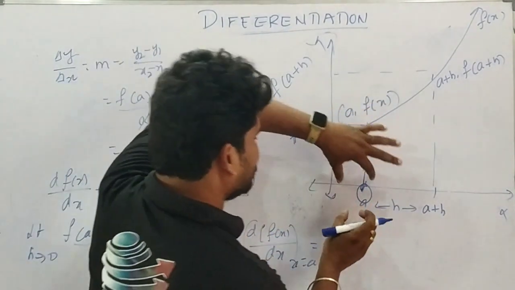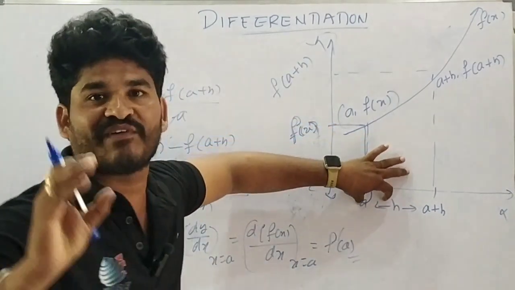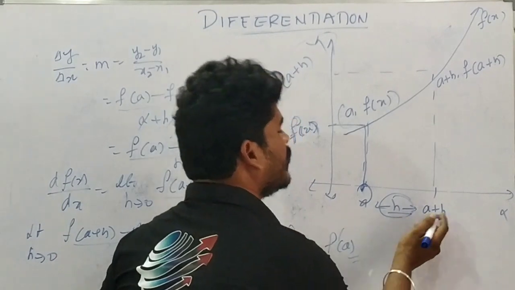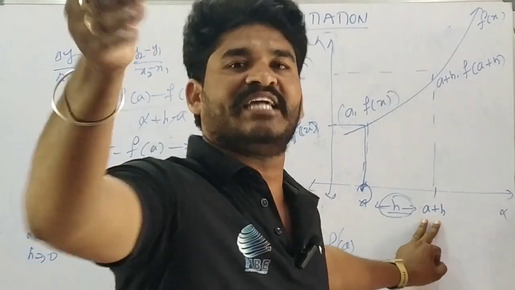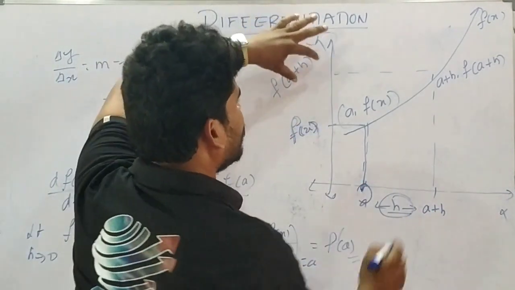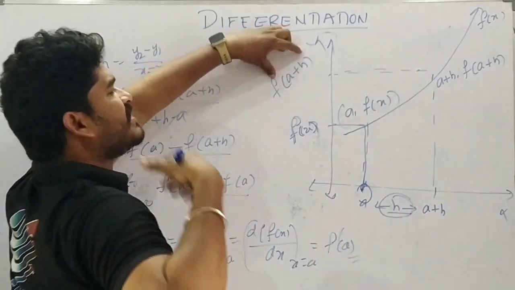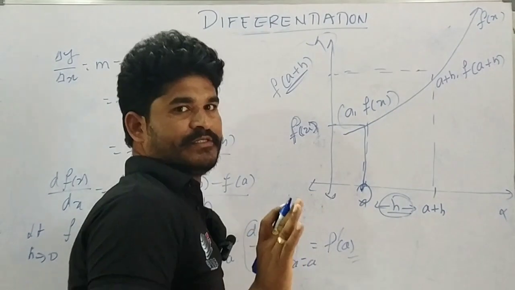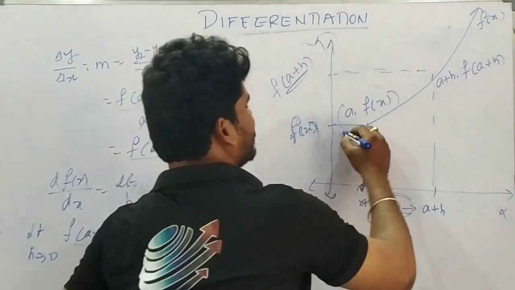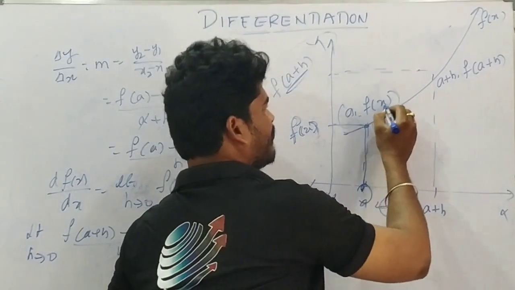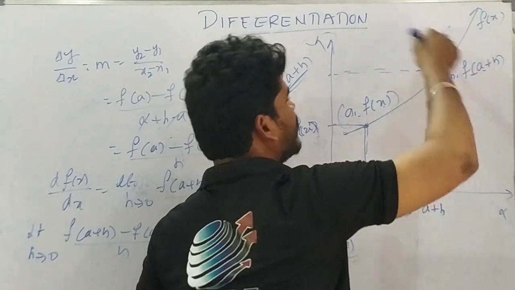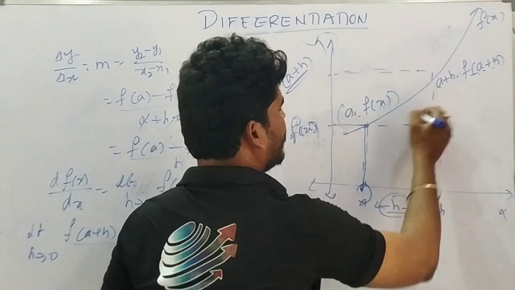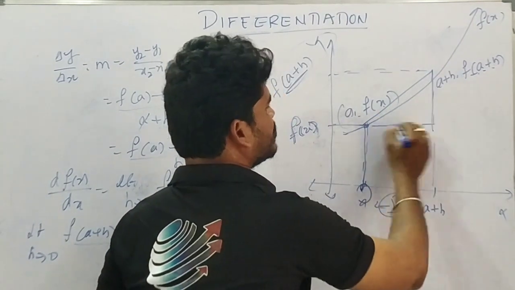In the same way, the x-axis point is increased by a distance h, so a plus h, and the function is also increased to f of a plus h. The graph points are (a, f(a)) and (a plus h, f(a plus h)). Observe this properly.